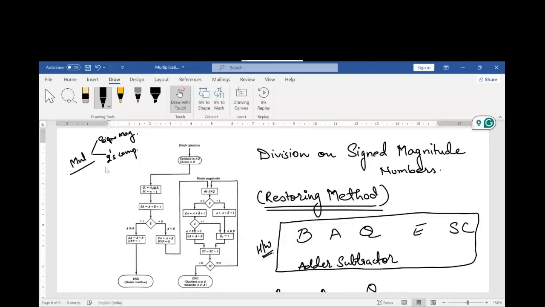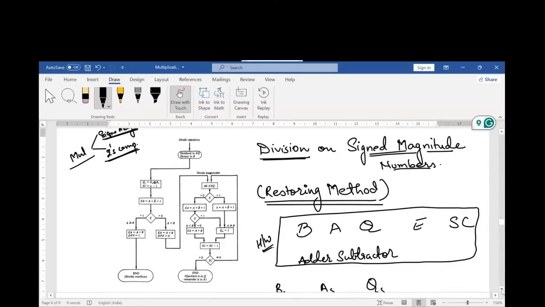So this one was Booth's algorithm, and this is your normal binary multiplier. Today we will be discussing division, but again looking only at signed magnitude numbers. In your syllabus, we are going to study only this part, not 2's complement numbers.